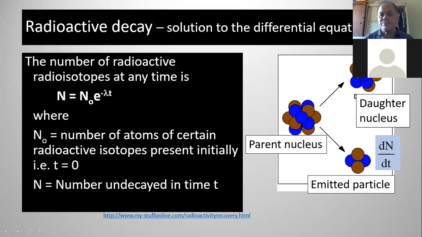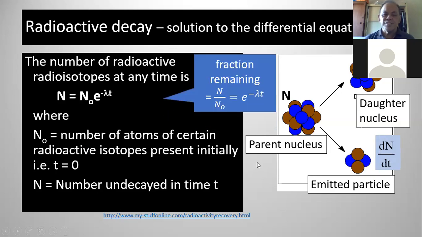When we measure radioactivity, we measure the particles emitted, the number emitted per second, the rate of disintegration. N is the number present at a particular time. So if you want the fraction remaining, we take N over N naught, which is e to the minus lambda t.